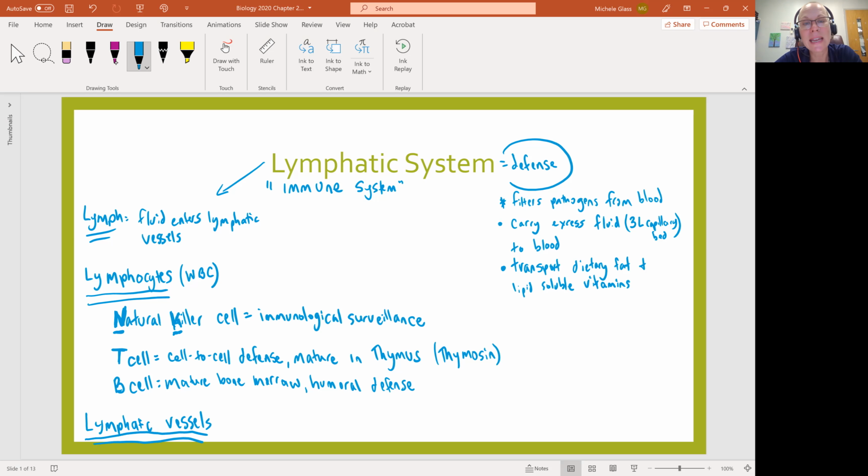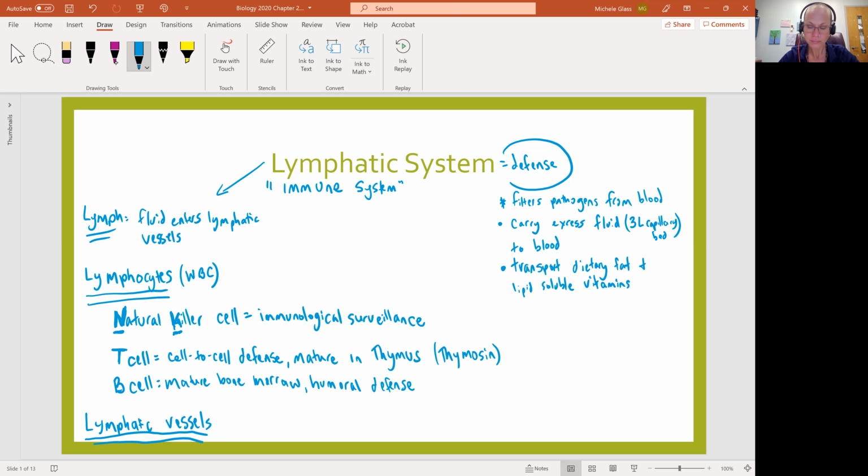You're going to have a lymphatic capillary, moving into progressively larger and larger vessels. We'll see those big vessels start to be called trunks, and then ducts. And then ultimately we'll see the lymphatic vessel dumping into the subclavian vein, so back into the bloodstream.